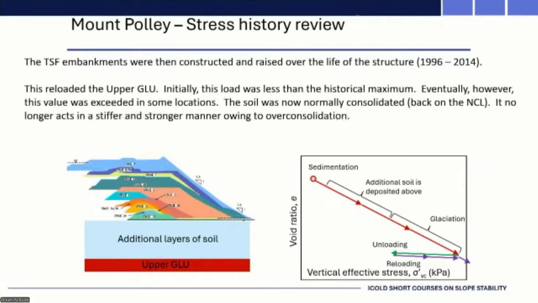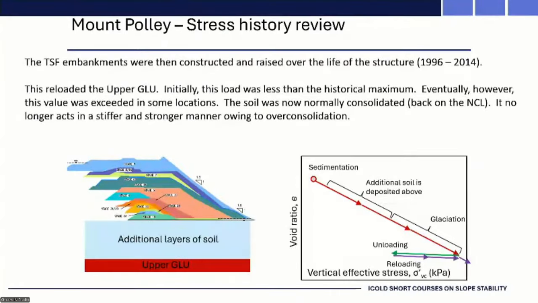So this is taken from the forensic report. You get all these various layers, you're getting centerline, then a bit of upstream, then a downstream, then centerline. It just went through various phases. Quite a steep downstream slope was constructed.